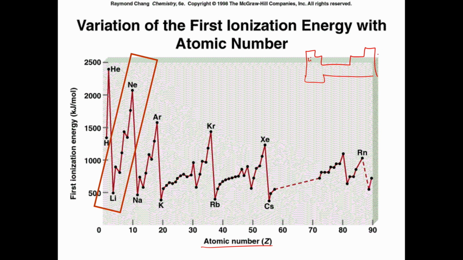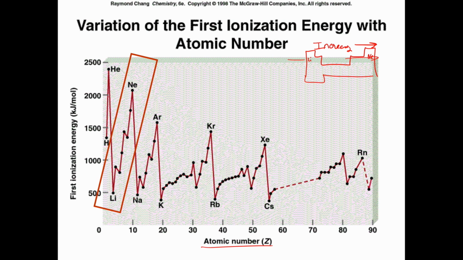Lithium's here, going across to neon here. So we're moving across the periodic table. And what in general is happening to the ionization energy as we go from lithium to neon? Well, we see that ionization energy is increasing as we go this way across the periodic table.